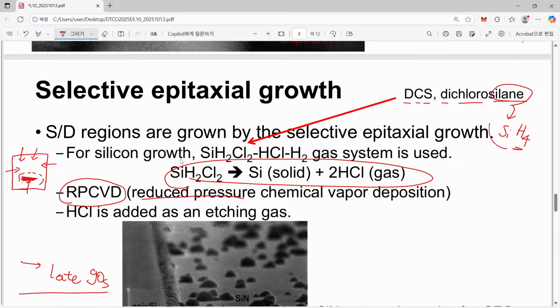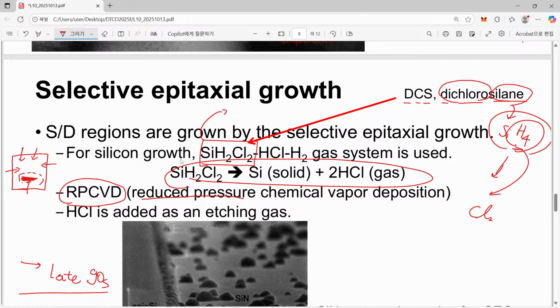This is silane, original silane, and this silane is known to be quite proactive for chemical reaction. However, in this case, instead of this silane, we introduce dichlorosilane. It means that 2 of the hydrogens are now replaced by chlorine atoms. So this is the one.